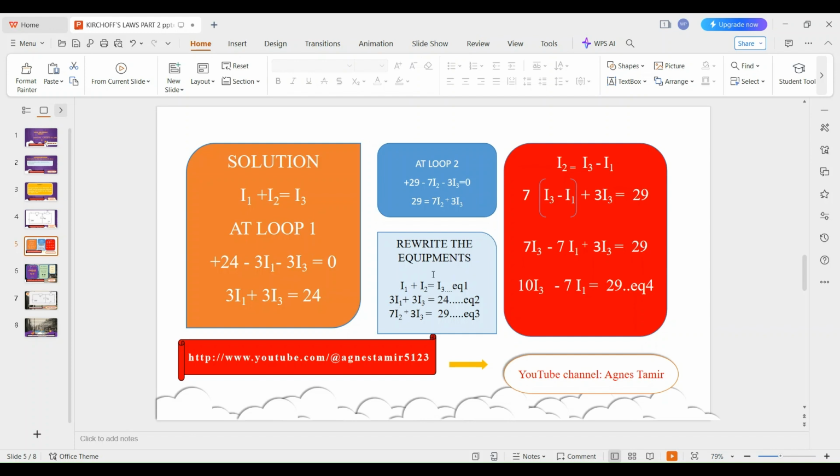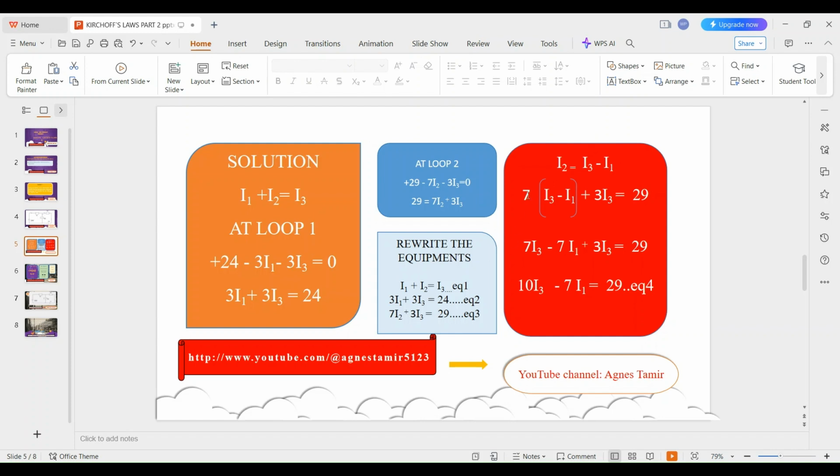So using equation number 1, if I1 is taken to the other side, I2 will be given by I3 minus I1. I have written it for you. I2 is equal to I3 minus I1. Now, let's substitute this in our equation number 3.